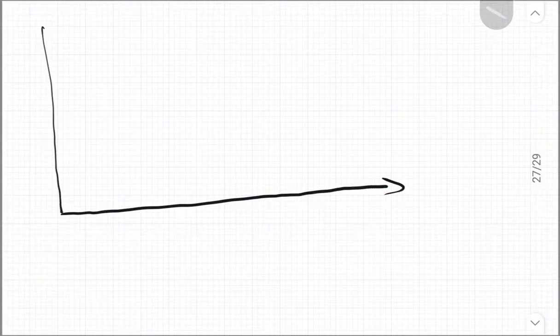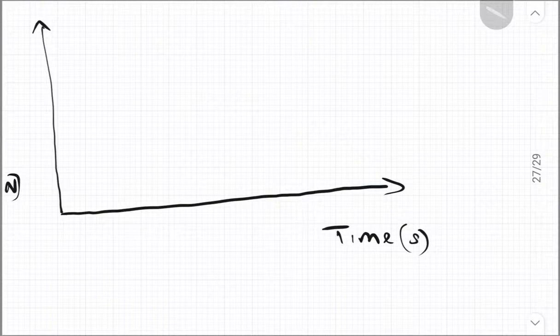On this axis we put time in seconds, and on this axis we put the amount of the atom that remains. So let's use N for the amount of atoms. It could be in terms of kilograms, or number of atoms. It is actually found that the graph is going to look something like this.